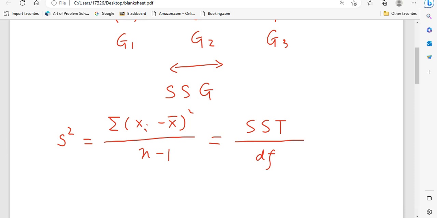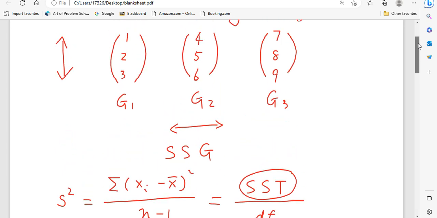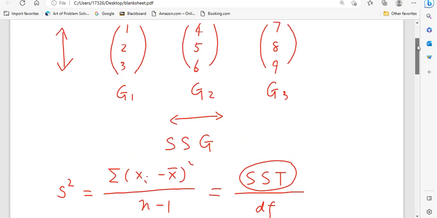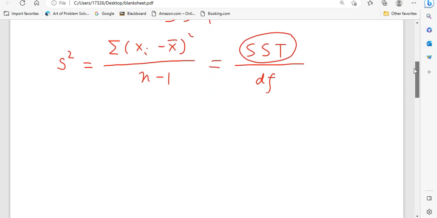So in ANOVA, we just focus on the numerator part. We say the total value comes from two ways.